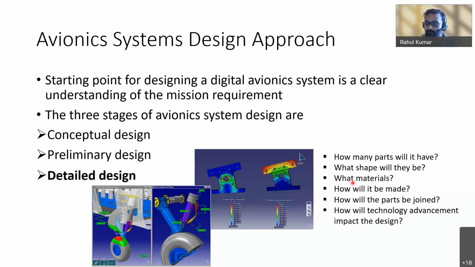Whether the material which you are using will be able to withstand that amount of pressure or drag when the aircraft is flying at that high speed. You have to consider all those factors in the detailed design part.